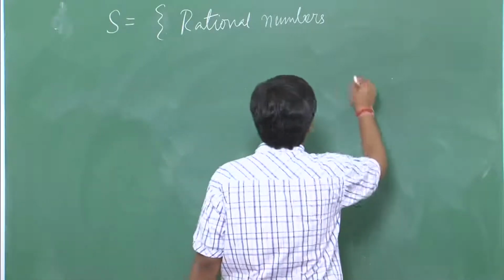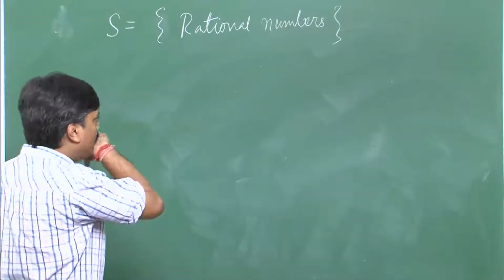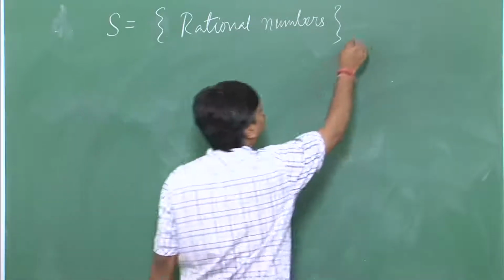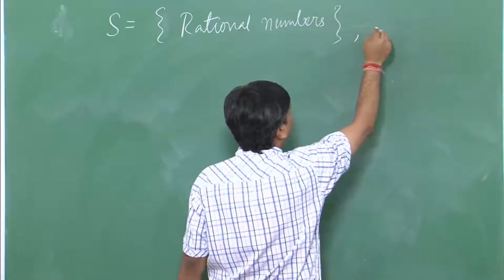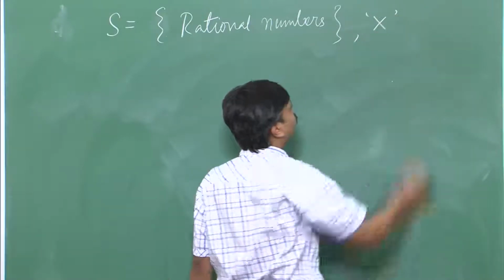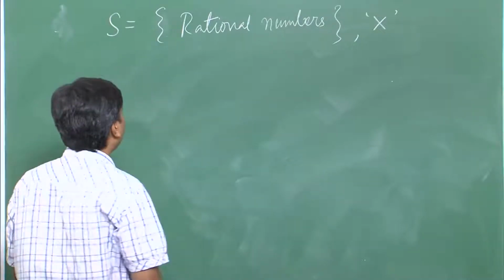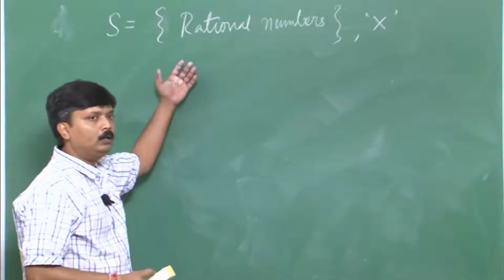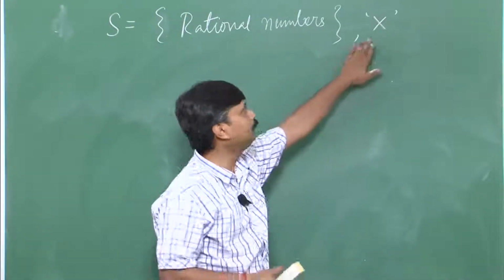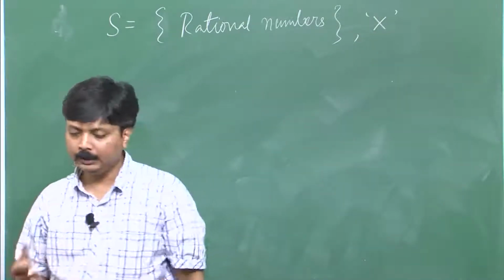That is possible, all right. And we define an algebraic multiplication as my rule of combination. Now is this set going to form a group under this binary operation which is multiplication? That is the question. Let us try out.